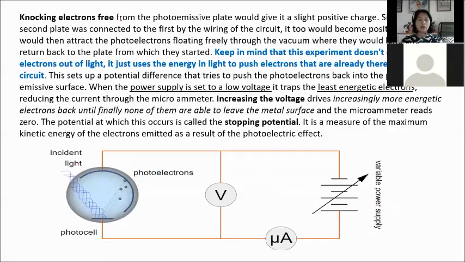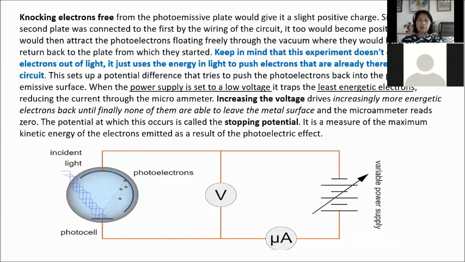Knocking electrons free from the photoemissive plate would give it a slight positive charge. Since the second plate was connected to the first by the wiring of the circuit, it would become positive, which would then attract the photoelectrons floating freely through the vacuum, where they would land and return back to the plate from which they started.